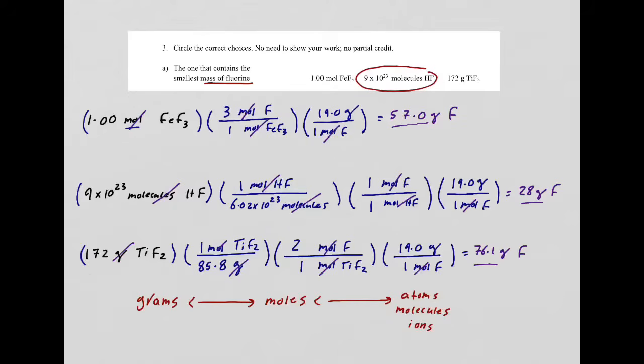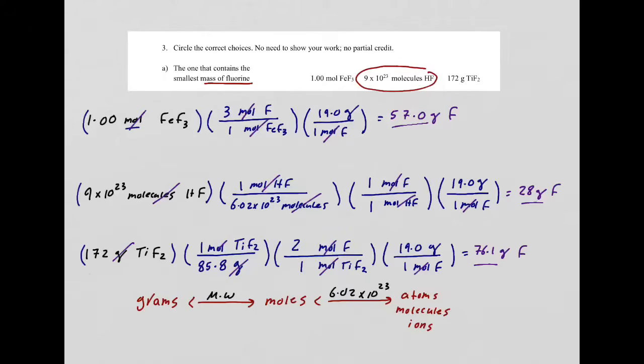Don't forget that, right? And to go from grams to moles, of course, we use molecular weight. To go from moles to atoms, we use Avogadro's number, 6.02 times 10 to the 23rd.